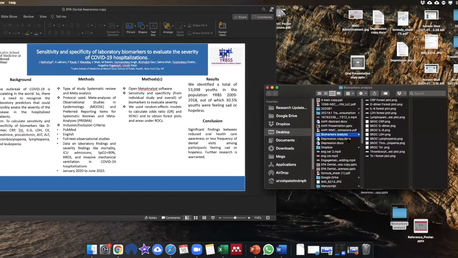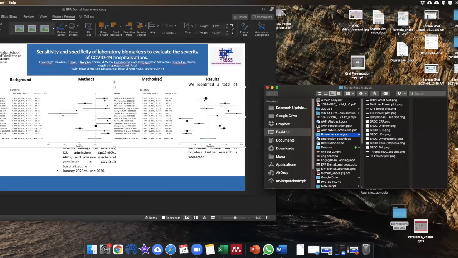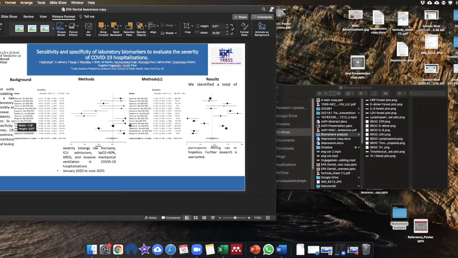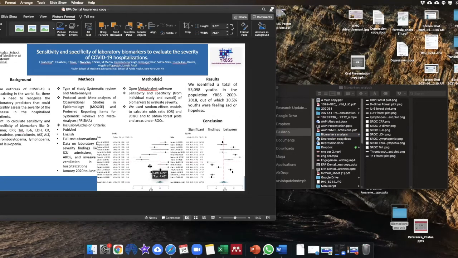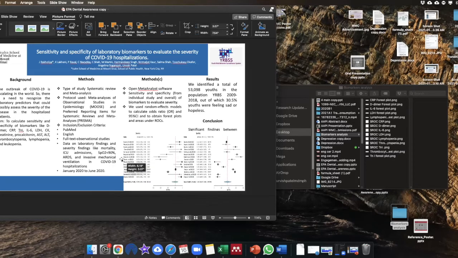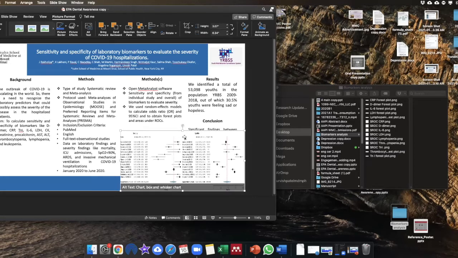Yes, I'm going to put one picture from here to here. So of course, when you're putting the oral presentation or poster presentation, for oral presentation you will be having enough space. But for poster presentation, you are not going to have enough space.